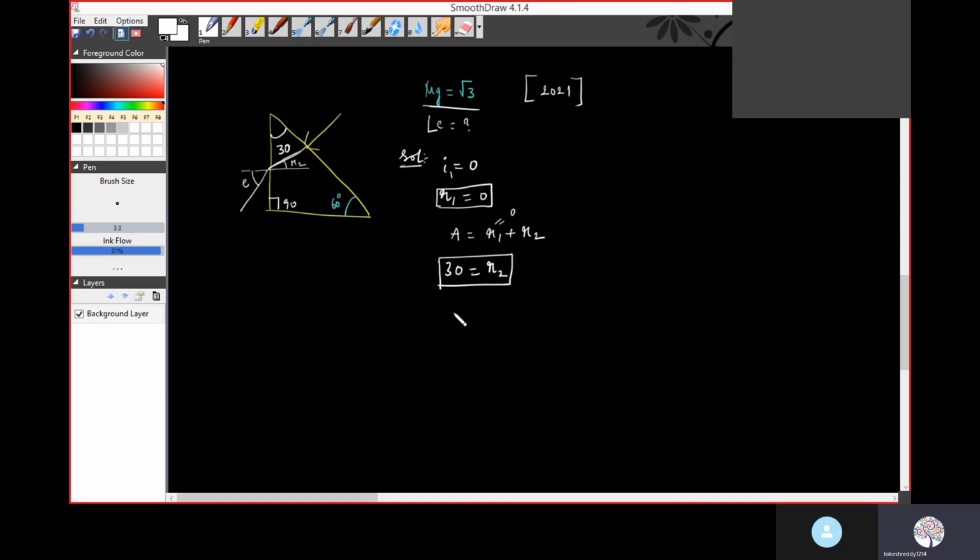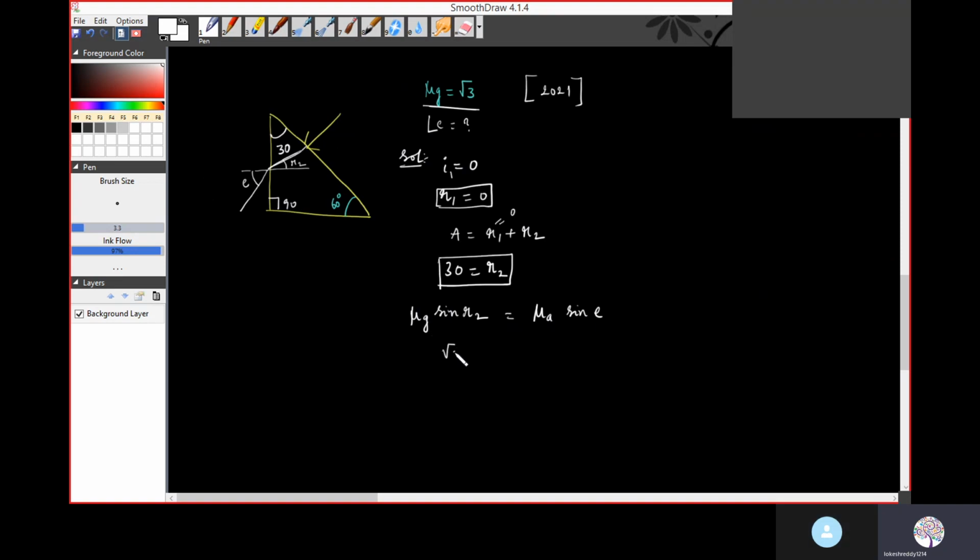Now we apply Snell's law. Mu of glass into sine R2, because here the angle is R2 and the refractive index is mu g, is equal to mu of air into sine E, the sine of the angle of emergence.